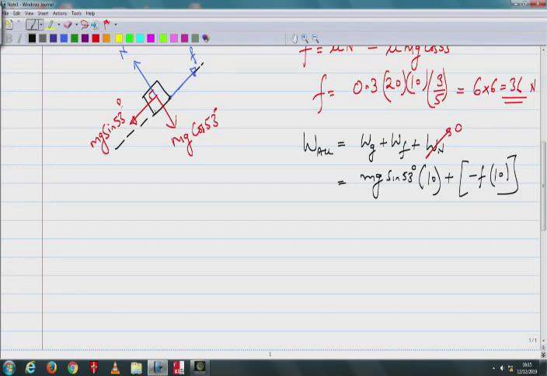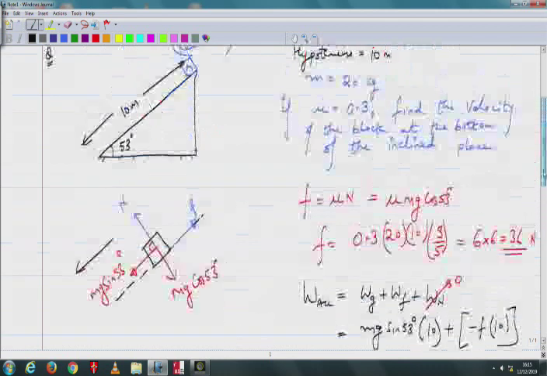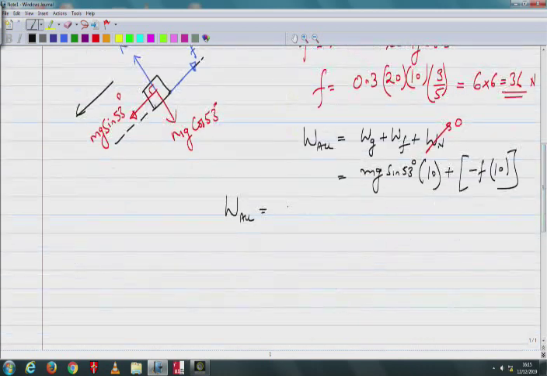Because the body is moving down the plane and friction is acting in the opposite direction. So work done by all the forces is equal to, m is 20, so 20 into 10 into sine 53, which is 0.8.